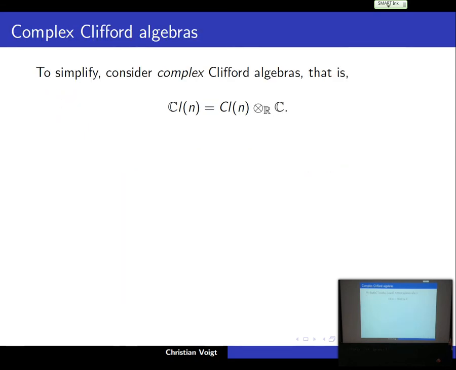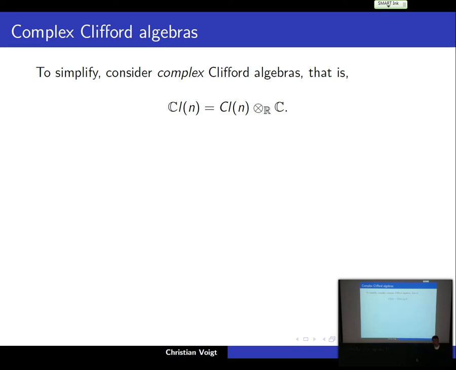And right now, to simplify, we will move to complex Clifford algebras, and probably everybody feels more comfortable with complex algebras anyway. Let me just point out that in this categorification business, it's actually a subtle thing to treat the real case, because one first has to understand the complex version, and then to go to the reals, one has to take into account an involution, so an automorphism which squares to 1.